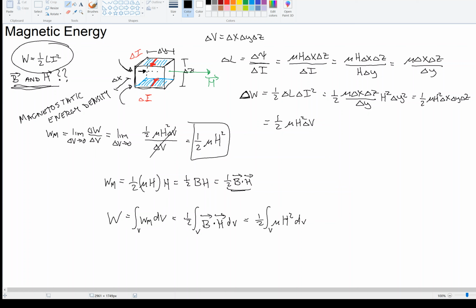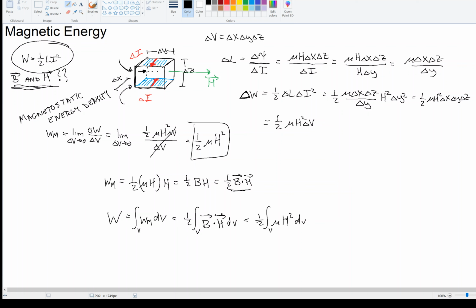Now, the result should not be surprising, because you see we have an energy related to the square of the field. So think about other physical situations where the energy is related to the square of something. I'll give you an example that's not electromagnetics. 1/2 kx squared is the potential energy due to a spring.